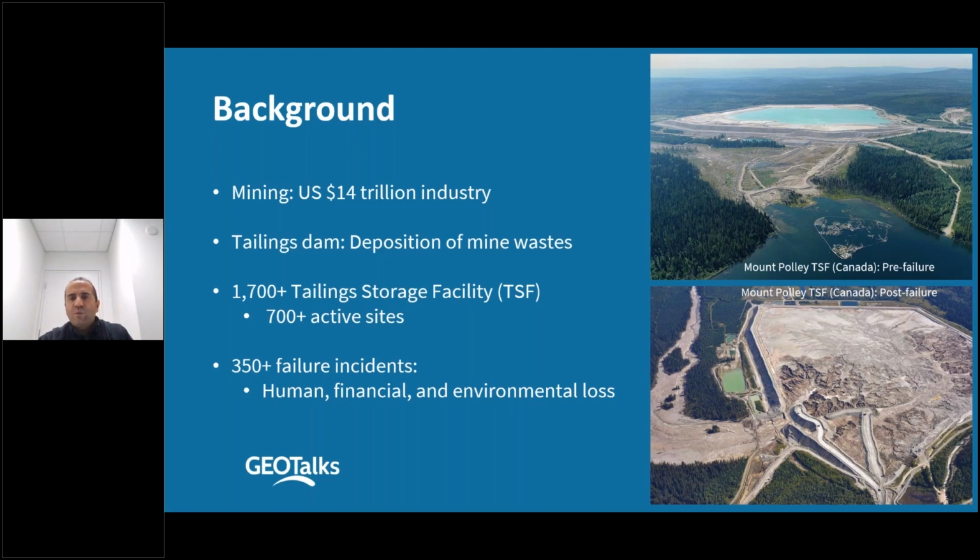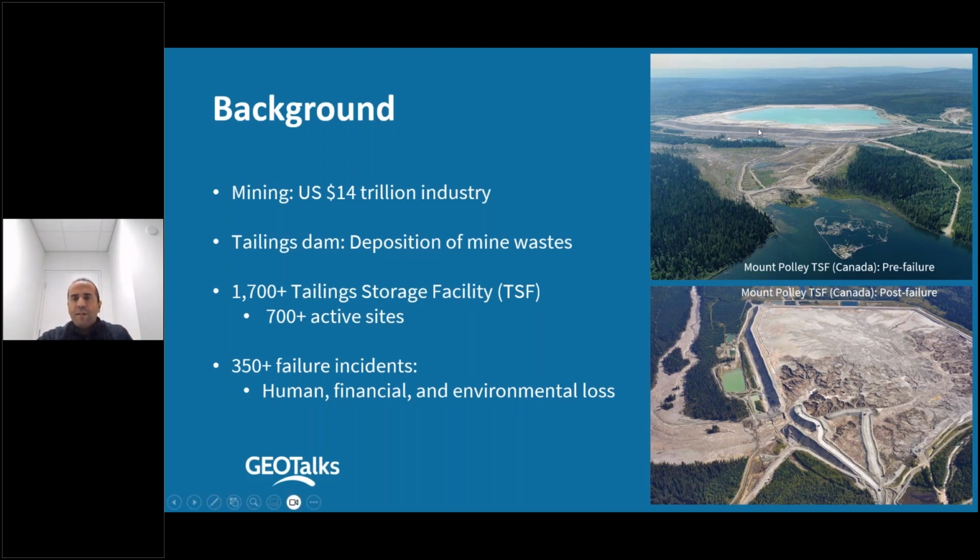Typically, tailing storage facilities are built at the vicinity of the mines, and the purpose is for the deposition of mine waste. Globally, in the world, there are more than 1,700 tailings storage facilities.